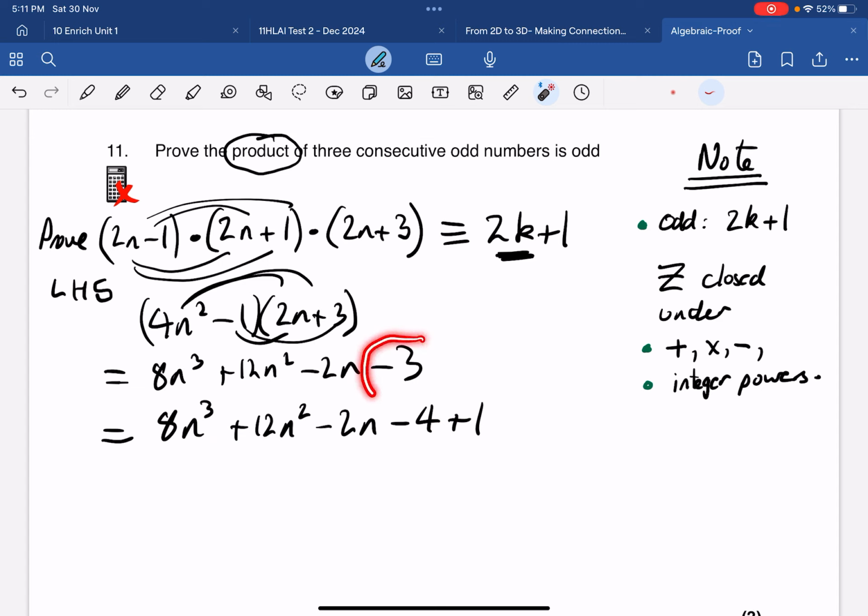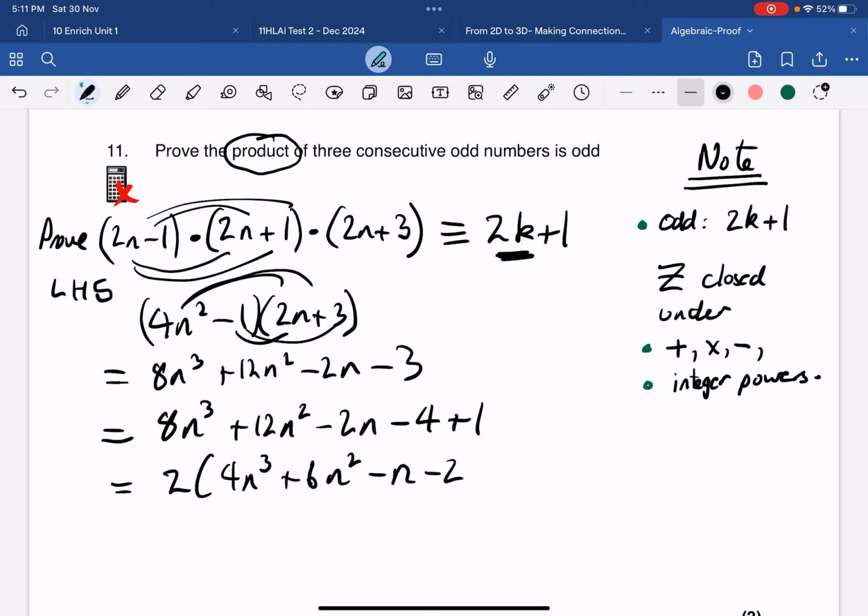Even if we've got a negative number here, we can always turn it into something plus 1 at the end. And now the final step is 2 times (4n cubed plus 6n squared minus n minus 2) plus 1, which does indeed equal 2k plus 1, which is equal to the right-hand side.